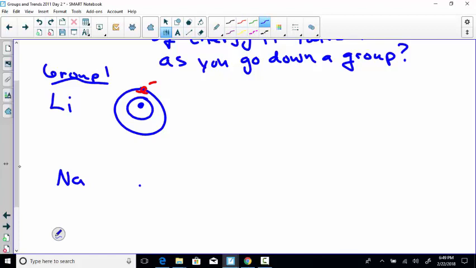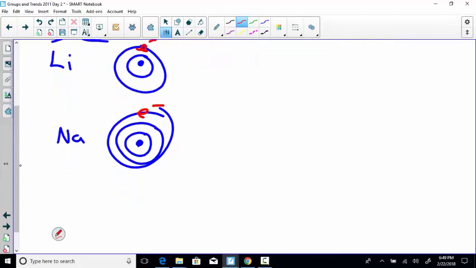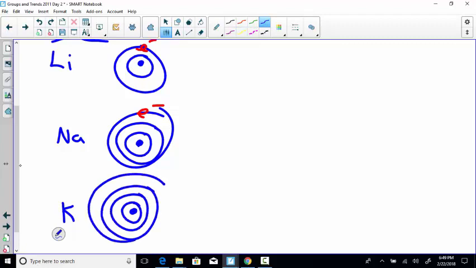Sodium has 3 energy levels, and it has an electron. I'm going to go one more. Potassium has 4 energy levels, 1, 2, 3, 4, and it has 1 electron in the 4th level.